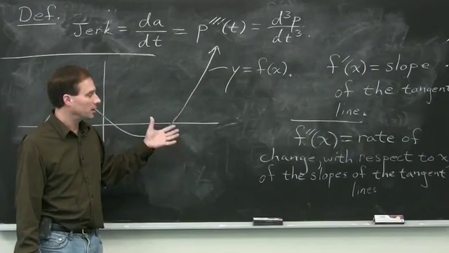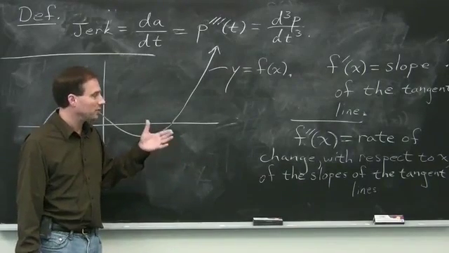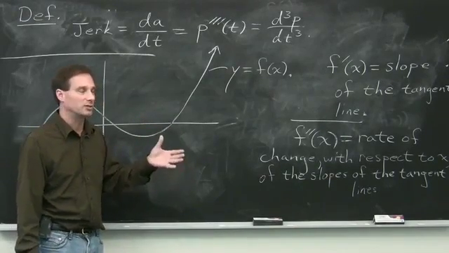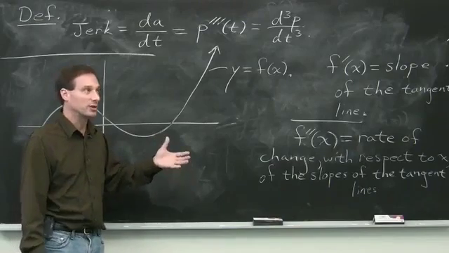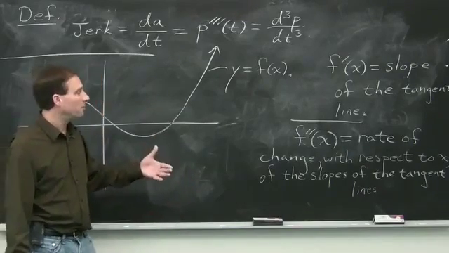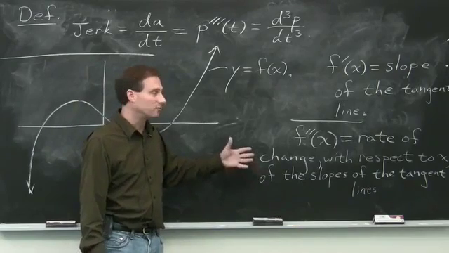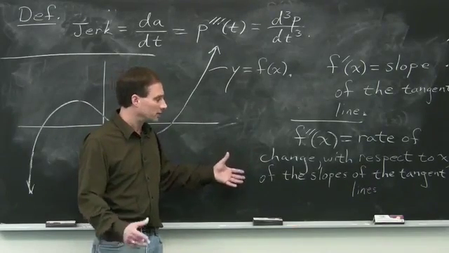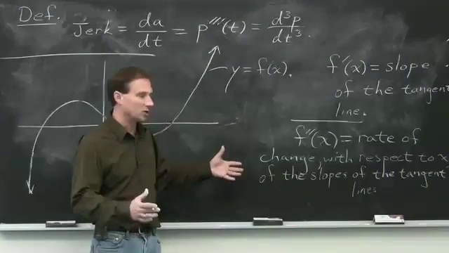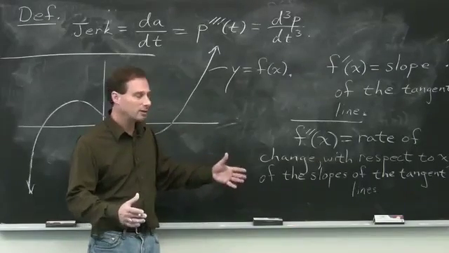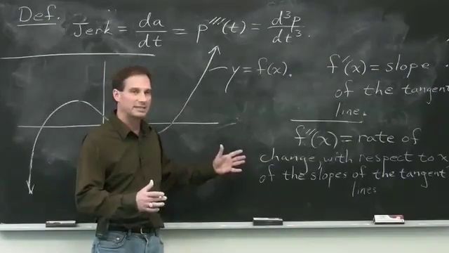Positive should mean the rate of change of the slopes is positive, so the slopes are going up, increasing. F double prime being negative should mean the rate of change with respect to x of the slopes is negative, so the slopes are going down, decreasing.